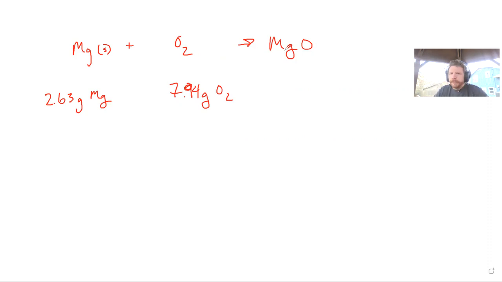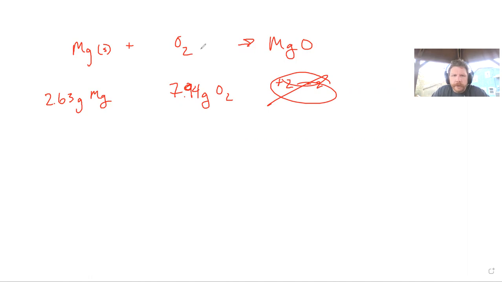Now, magnesium is a group 2 metal. So when it is a part of a compound, it's going to have a +2 charge. Oxygen, when that is a part of an ionic compound, it's going to have a -2 charge. So a +2 charged ion and a -2 charged ion, well, they're going to basically cancel one another out. All right, so those are our reactants and those are our product.